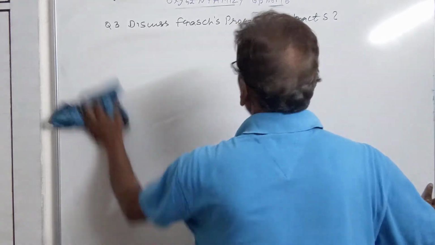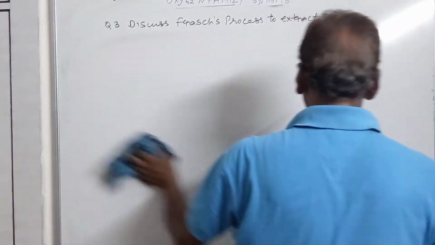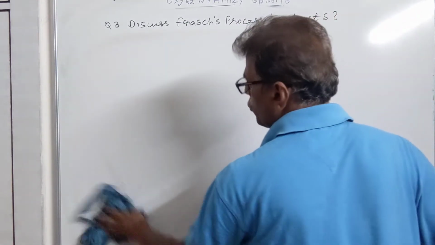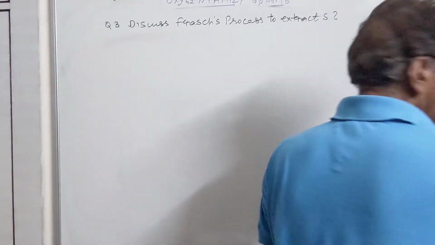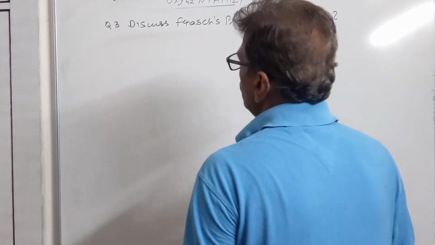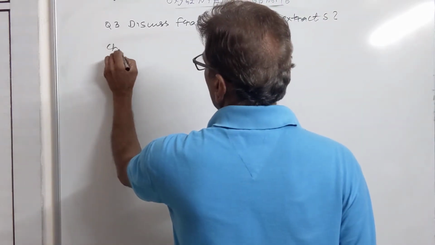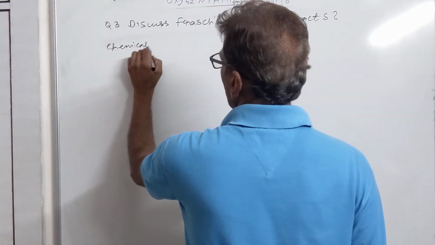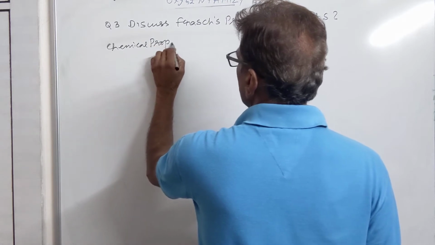So we'll first be taking the action of oxygen. As we know, oxygen combines with metals to give you basic oxide. Basic oxide is given. So now we come to the chemical properties of oxygen.